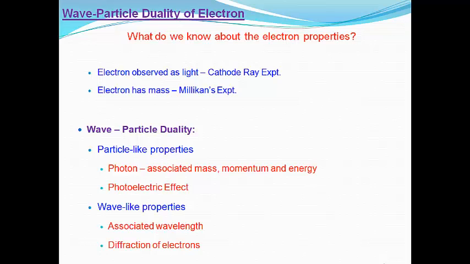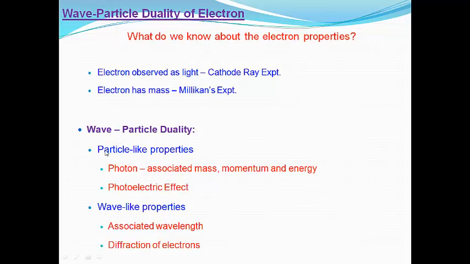But through experiments carried out by Millikan, we saw that the electron has a mass and therefore is a particle. And so clearly the electron has two properties, and how we can actually combine these two properties and get some information about the behavior of the electron based on these two properties as combined.